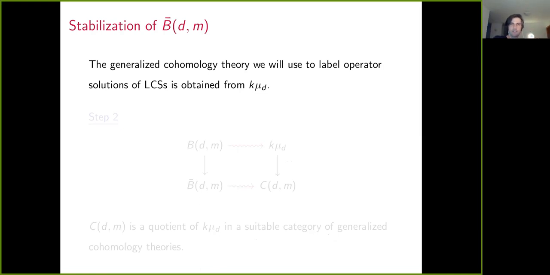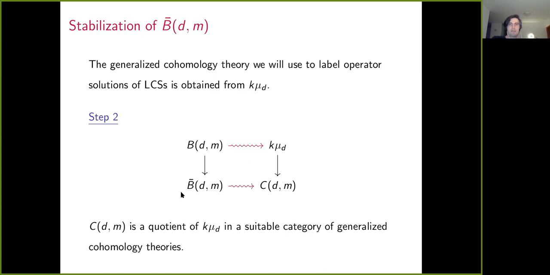What about the classifying space for contextuality? It's not as straightforward as this quotient map, because the stabilization doesn't really descend to this quotient. There's a way to do it in a slightly different way. Remember, the B bar space is a quotient of the space, so it's happening in the category of spaces. Now we have obtained K mu D, but we want to consider a quotient of this, which is going to correspond to the quotient B bar.